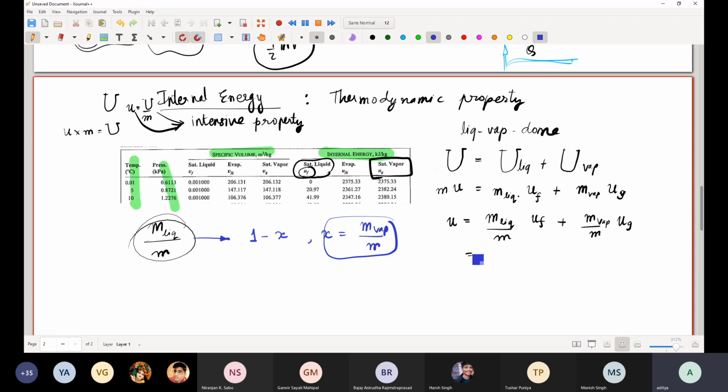Okay, these two definitions we will use now. So this is 1 minus the quality times uf plus quality times ug. So this becomes uf plus x times ug minus uf, and this becomes uf plus x ufg.